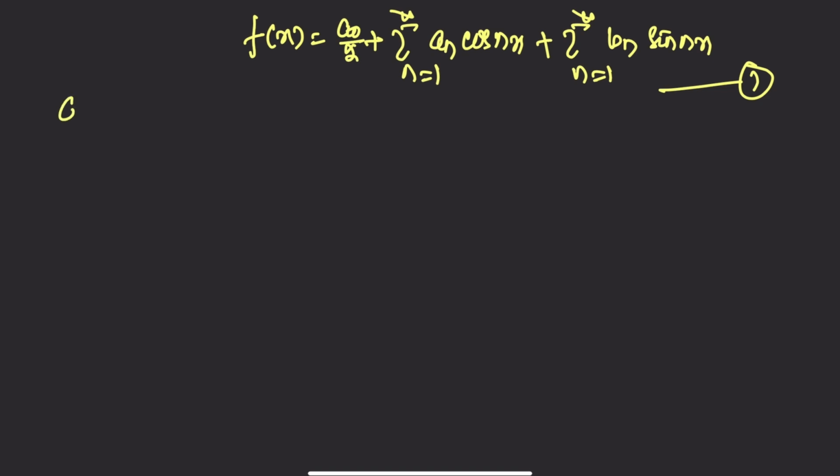To evaluate a0, integrate equation 1 on both sides term by term from minus pi to pi.